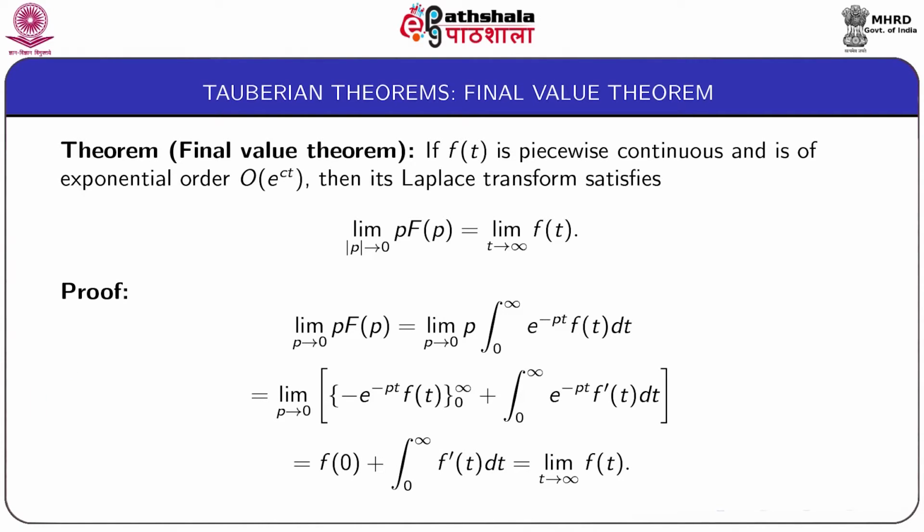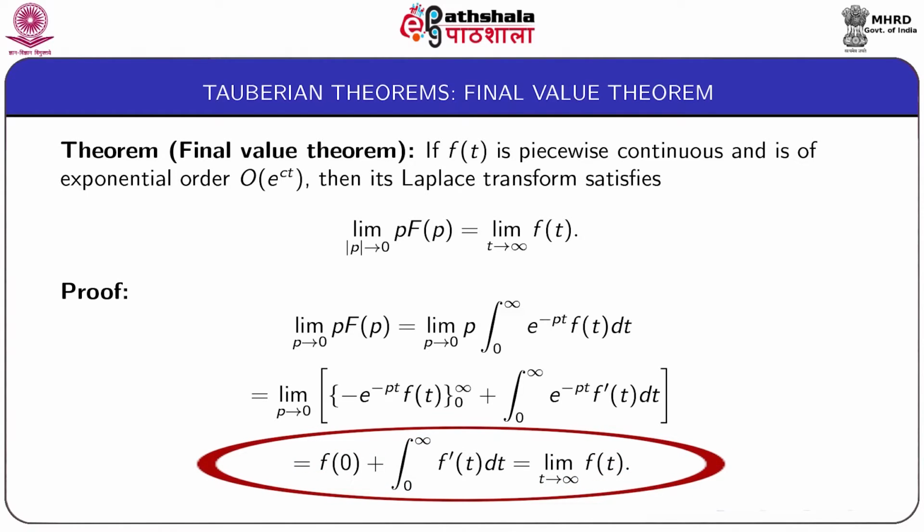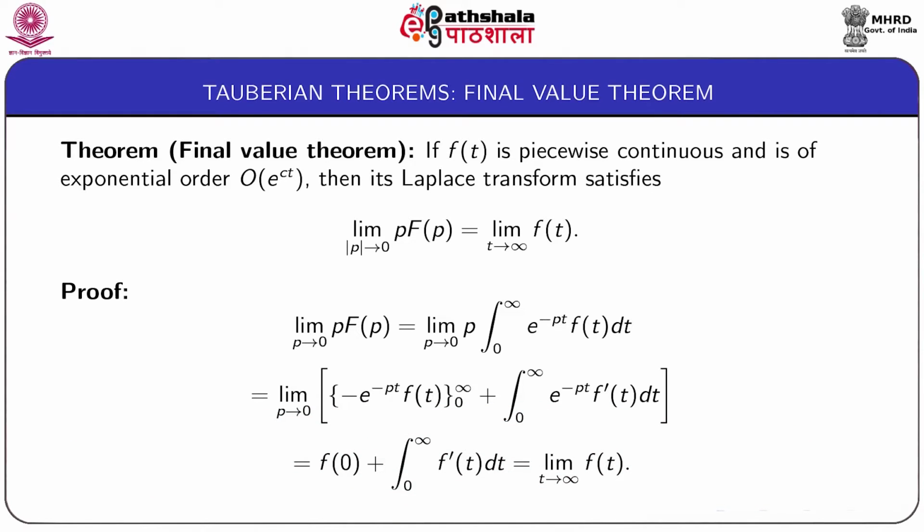the first term here vanishes as t tends to infinity, we get, making p tends to 0, f(0) plus integral from 0 to infinity f dash t dt.